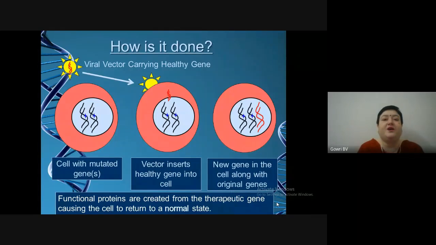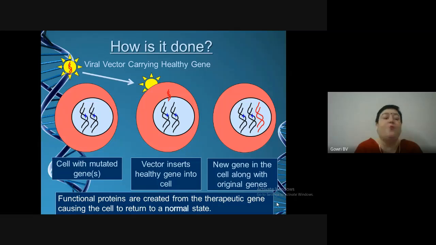So this picture shows you how it is done. Look into the picture. The top yellow one is a viral vector carrying the healthy gene. On the top left, you have a yellow picture with a red double-stranded DNA within it.